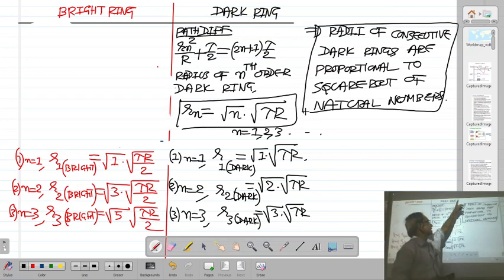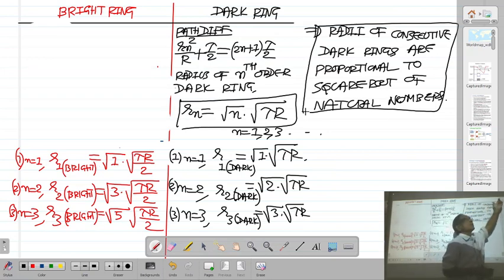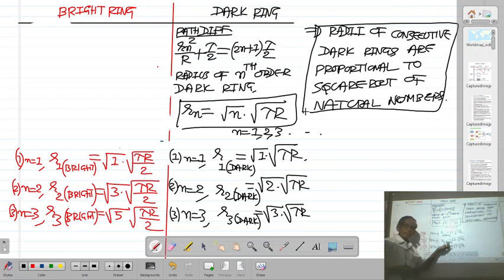So we can write down that the radii of consecutive Newton's dark rings are proportional to the square root of natural numbers, including odd numbers and even numbers. Whereas the radii of bright rings are proportional to the square root of only odd natural numbers, not even numbers. Under root 1, under root 3, under root 5.